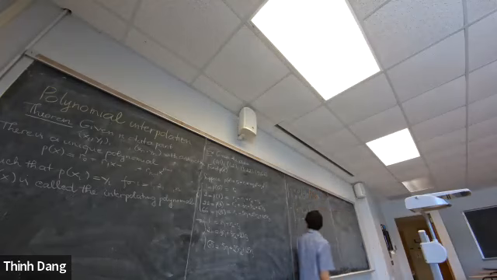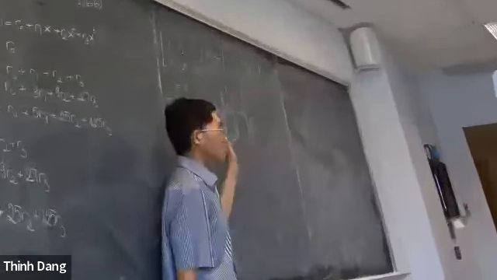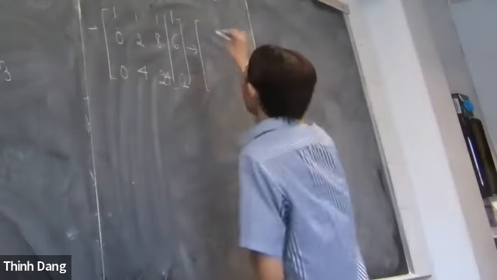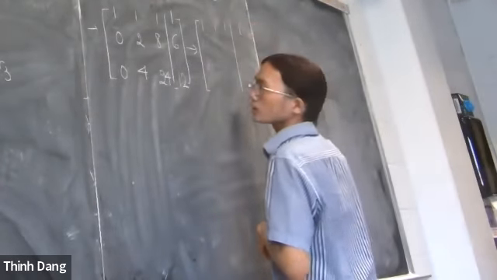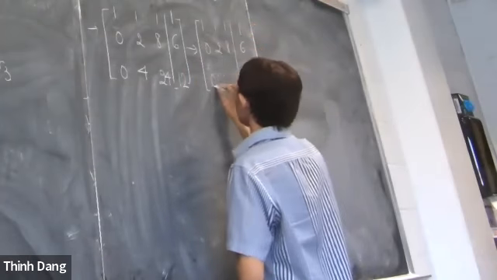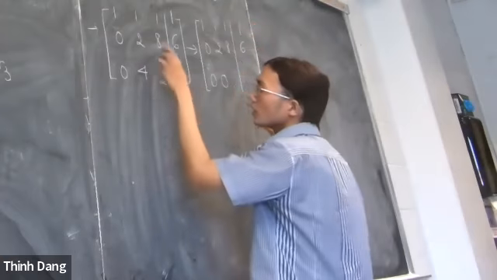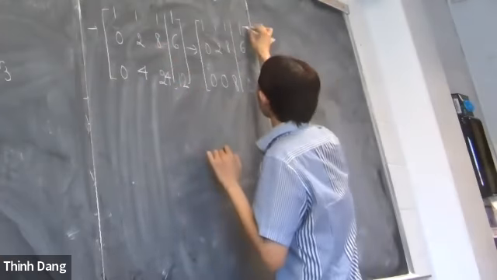Next I am going to multiply the second row by -2 and add that to the third row. So we have 1 1 1 1, 0 2 8 6, 0 0 8 and 0.